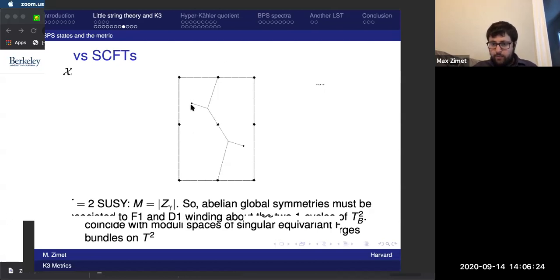So here is my D3 brane probing this compactification, and then string webs can branch and end on multiple singular fibers. Furthermore, because the base is compact, they can wind around any number of times before ending on some singular fibers. And the conserved charges associated to those abelian symmetries are just the winding numbers about the various cycles.